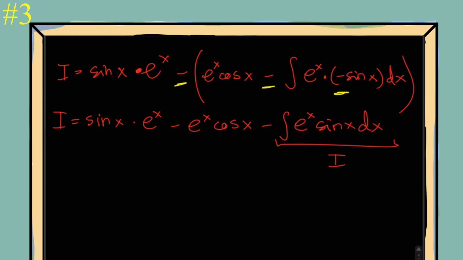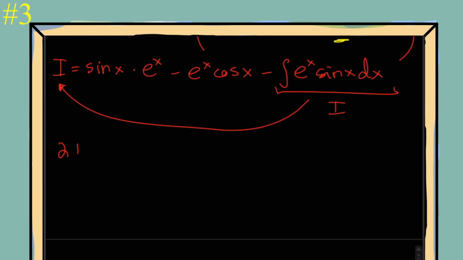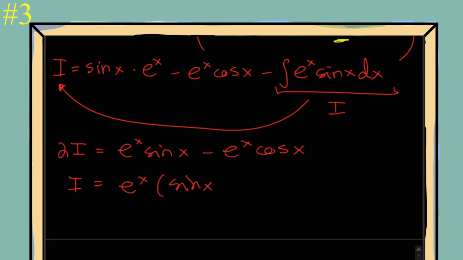That's I. So I can send that to the other side of the equation and say 2I is equal to e to the x sine x minus e to the x cosine of x. Or in other words, I is equal to e to the x times sine x minus cosine of x all over 2 plus c. And so that's how you do that one.